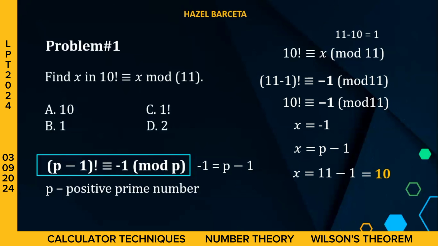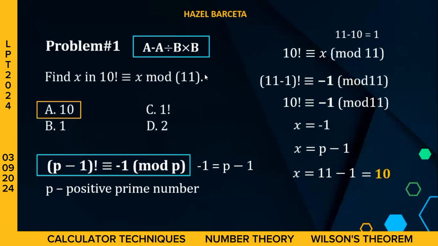Ayan. But, we have our calculator techniques since pagdating po sa ating board exam, wala namang solution. So, we can also apply it. Here, we have our formula A minus A divided by B times B. And paano po natin malalaman kung ano ang ating A at ano ang ating B?